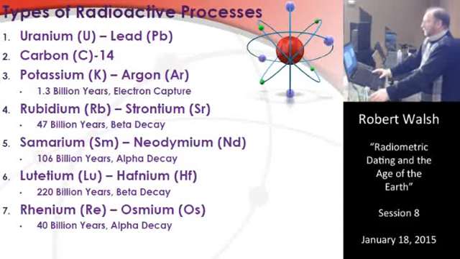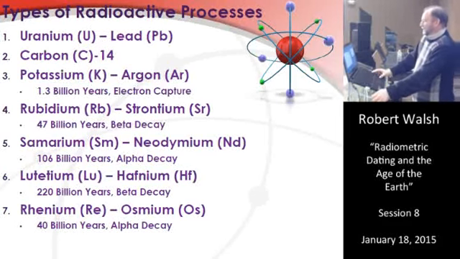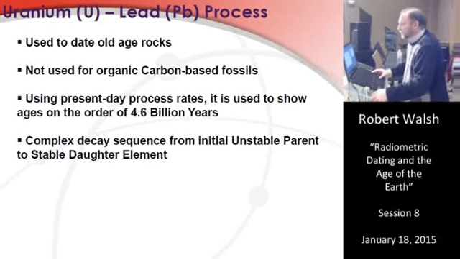Let's take a look, however, a little bit closer at the uranium-lead decay process. So we want to look at uranium-lead. Uranium-lead is used to date old-age rocks. Okay, and it's not used to date organic material. The reason being, you might expect, is presuppositional.